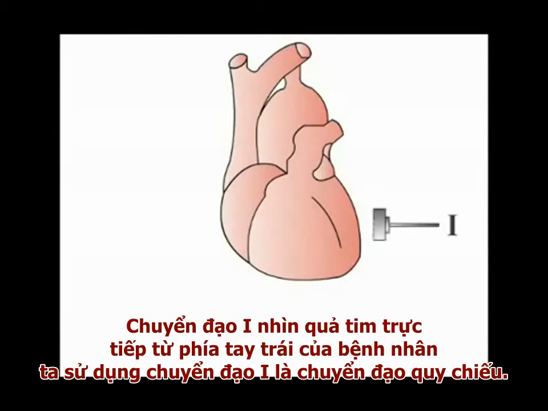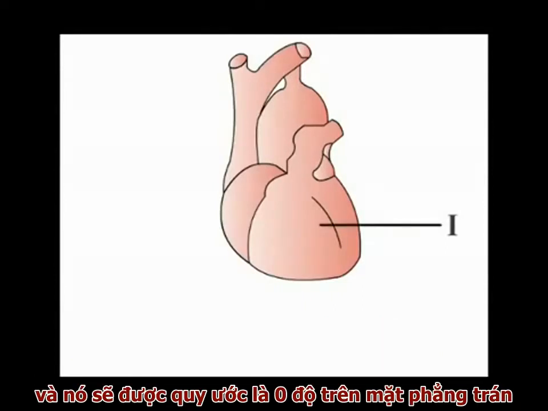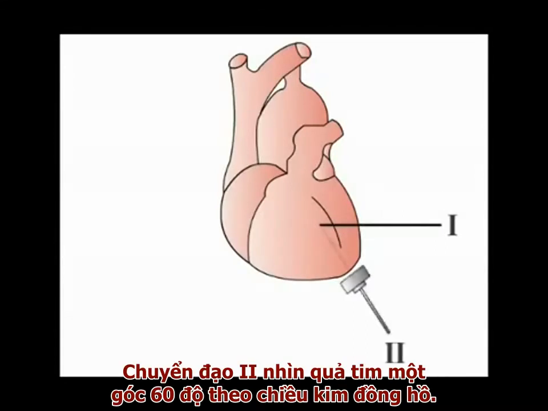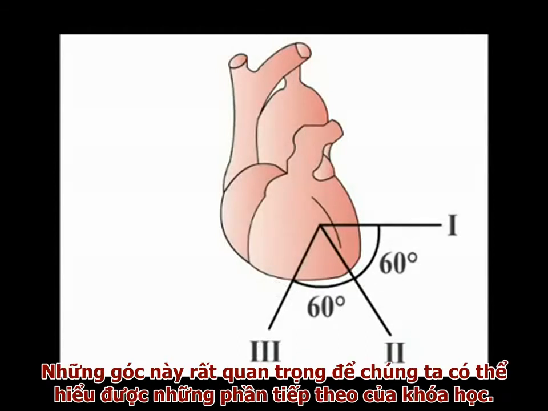Lead 1 looks directly at the heart from the patient's left-hand side and defines 0 degrees in all further discussions of the frontal leads. Lead 2 looks at the heart at an angle 60 degrees further clockwise, while lead 3 is positioned a further 60 degrees clockwise from lead 2. These angles will become important in the next section of this course.